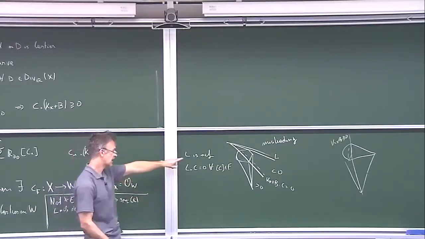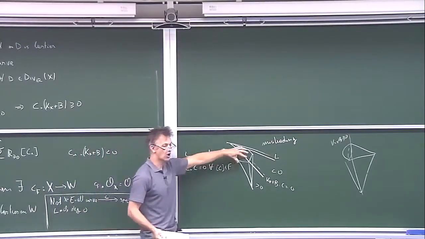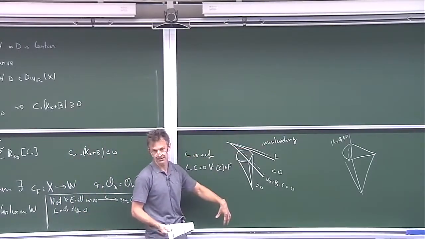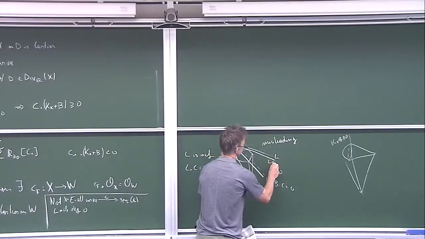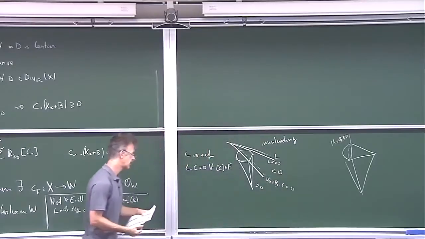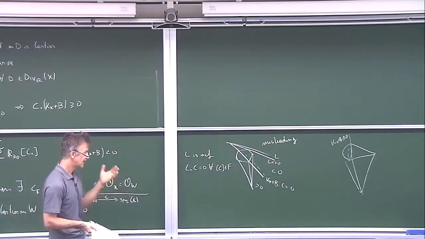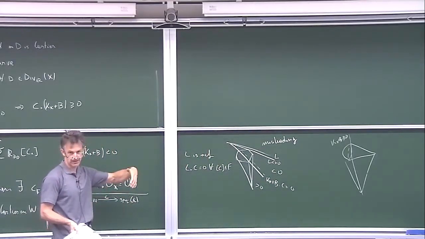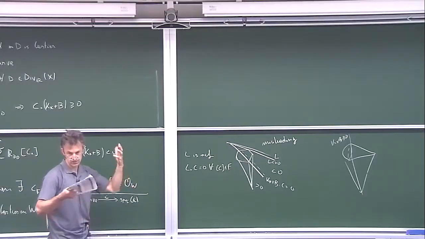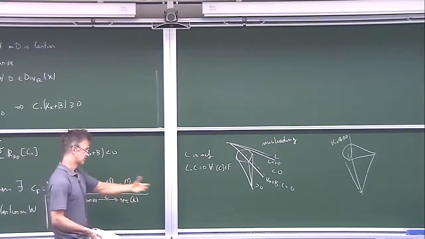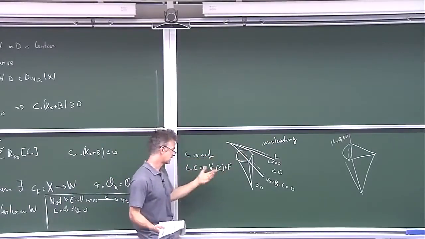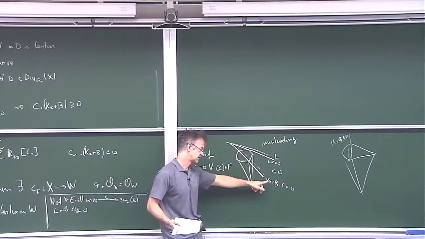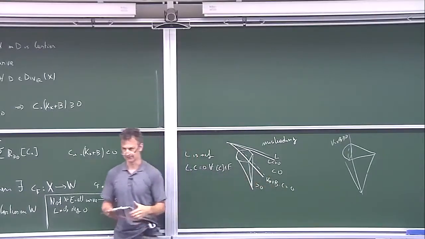And so this condition that L is nef guarantees that the cone lies on one side of L. It lies on the positive side of L. And the intersection of this hyperplane with the cone is your extremal face. That's an extremal face. And I say that it's negative because everything in that face intersects kx plus b negatively.